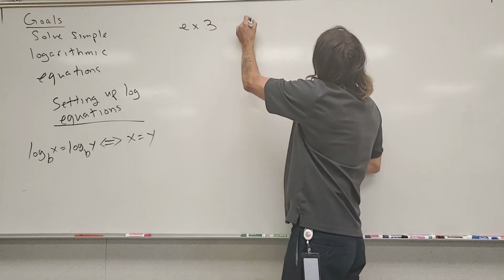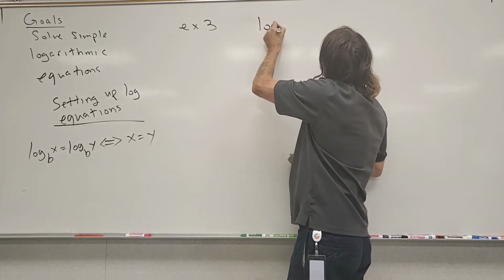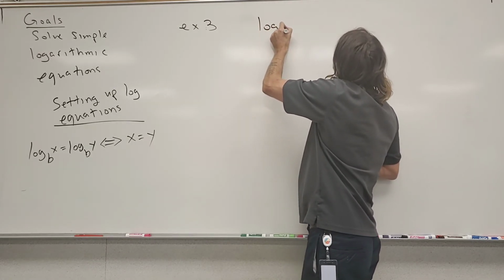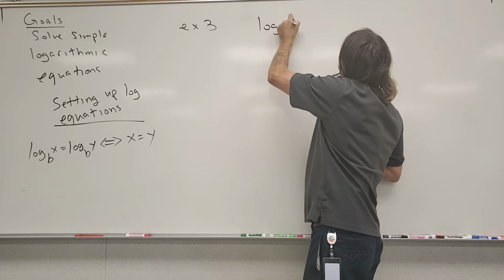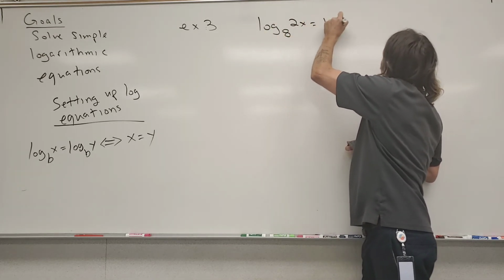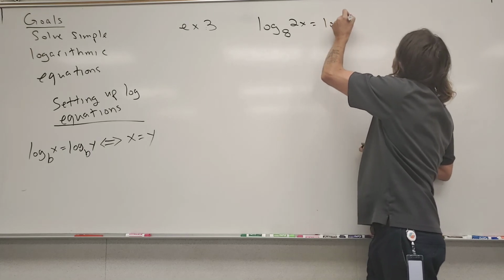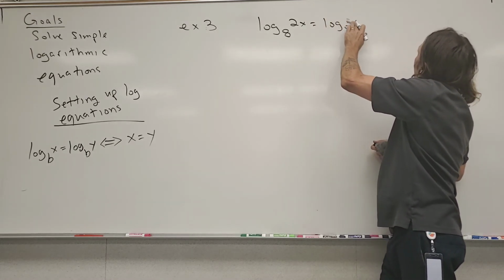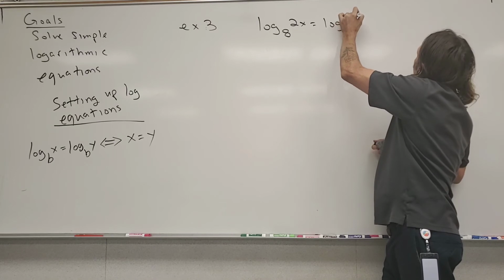In example 3, I'll say log base 8 of 2x will be equal to log base 8 of negative 14.